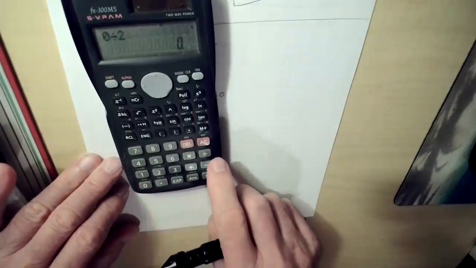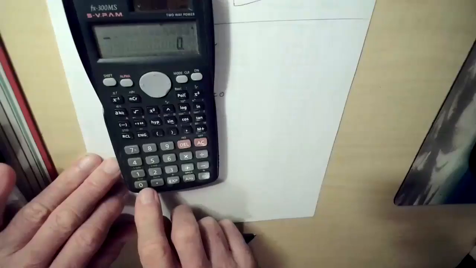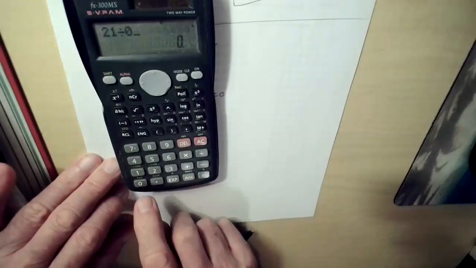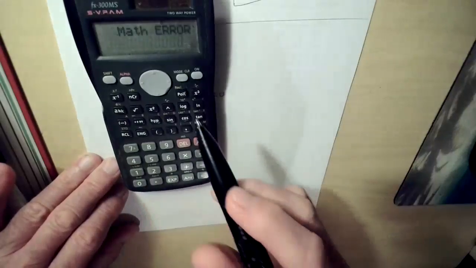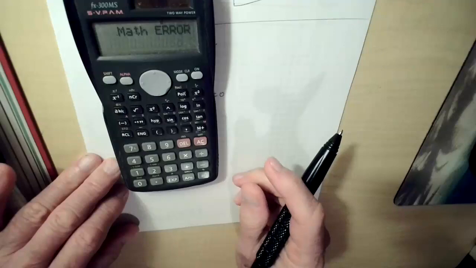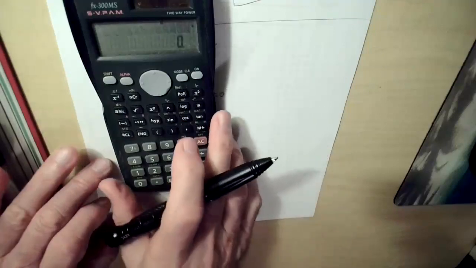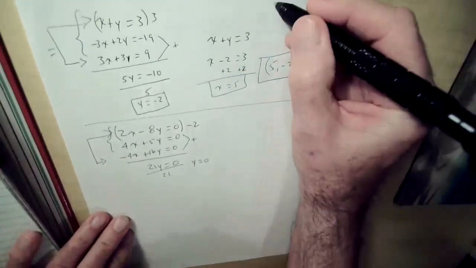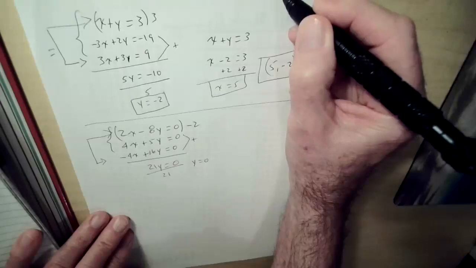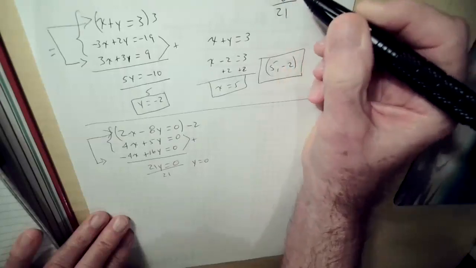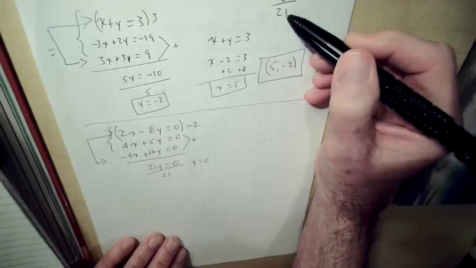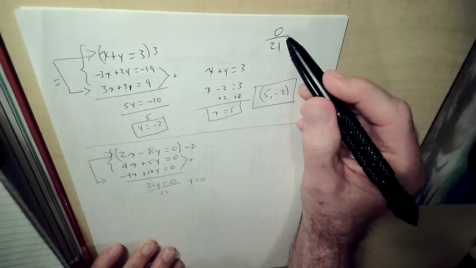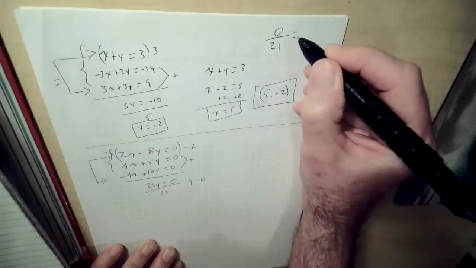Now if you did it the other way, with the 0 on the bottom, 21 divided by 0, it's going to give you a math error. What that means is, if we have 0 divided by 21, what this is saying is, how many 21s are there in 0?